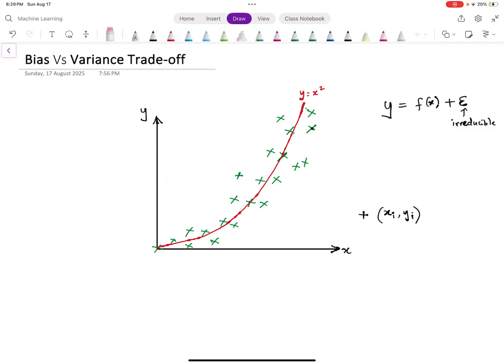Normally in linear regression, we are given a set of examples, x comma y, and we need to find the best possible fit that is passing through all these points in the best possible way. Here, as we can see right away, y is equal to x square represents the ground reality.